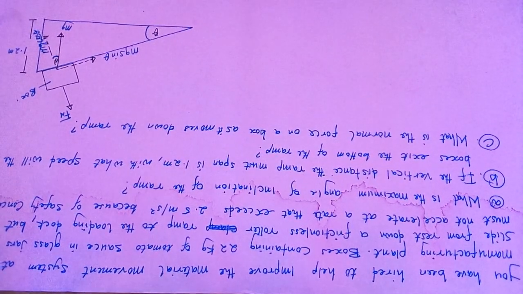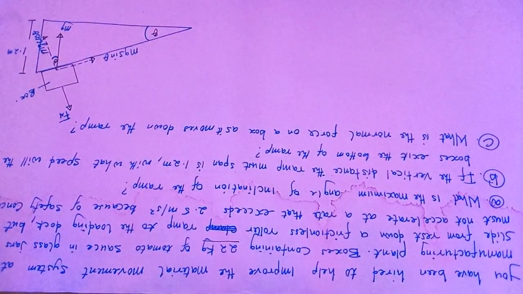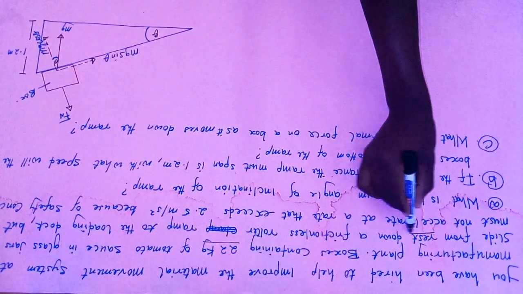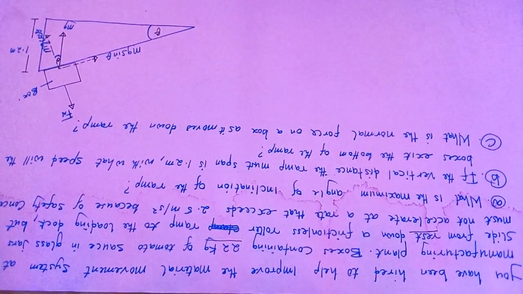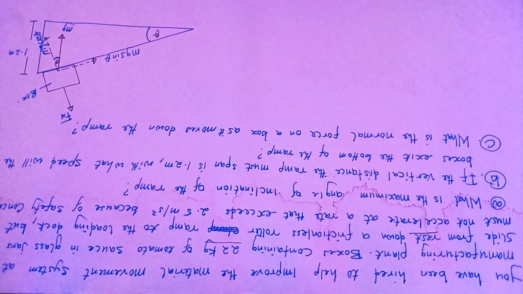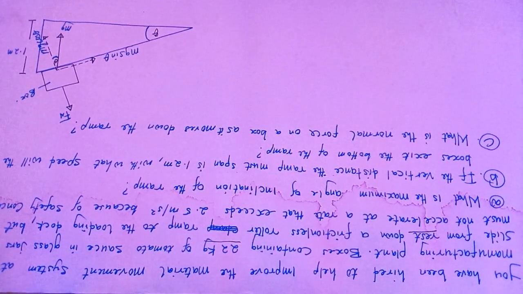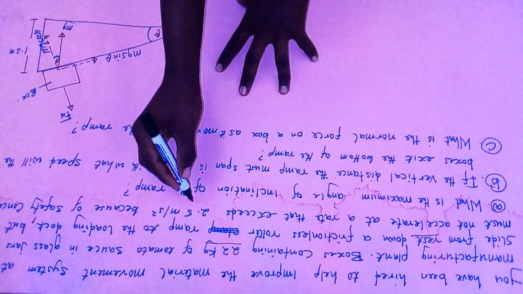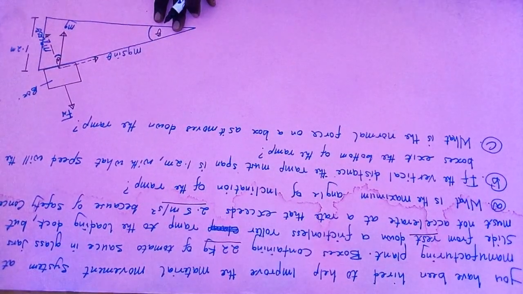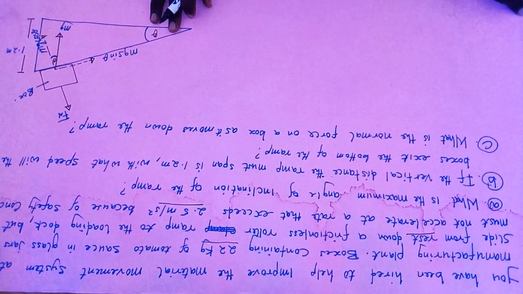Boxes containing 22 kilograms of tomato sauce in glass jars must slide from rest down a frictionless roller ramp to the loading dock, but they must not accelerate at a rate that exceeds 2.5 meters per square second because of safety concerns. Question A, what is the maximum angle of inclination of the ramp?